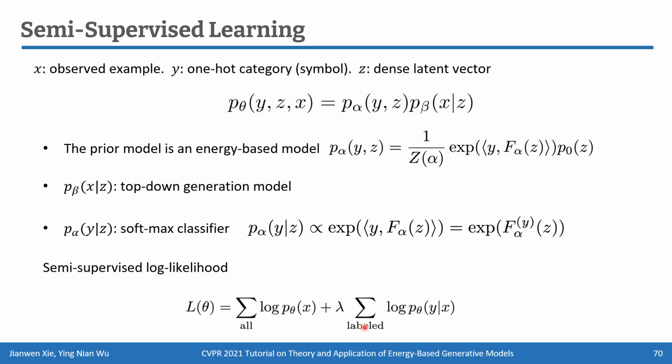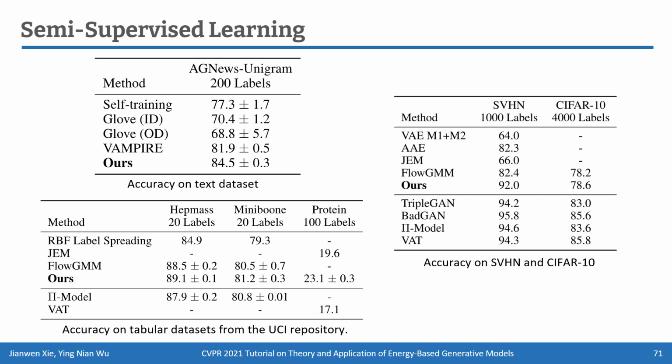And we can also bring in the labeled data so that we can add the conditional log likelihood. So this is just cross entropy loss for the classification. Okay, so by joint maximization, we can then learn from both labeled data and unlabeled data. And in fact, this method achieves quite impressive performance for semi-supervised learning on text data and tabular data.